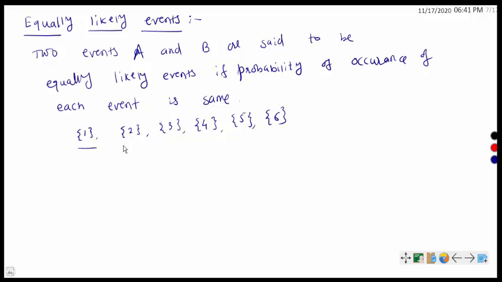These singleton set events are equally likely events, or equally likely outcomes, because the probability of occurrence of 1 and the probability of occurrence of 2 is the same. The probability of occurrence of 1, 2, 3, 4, each and every sample point is the same. Such outcomes or events are called equally likely events.